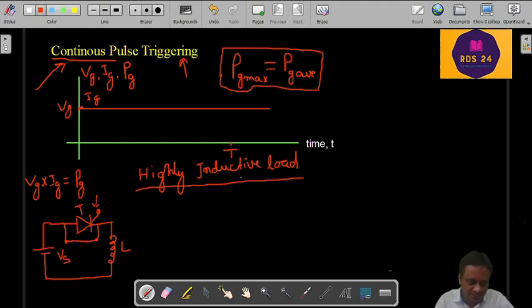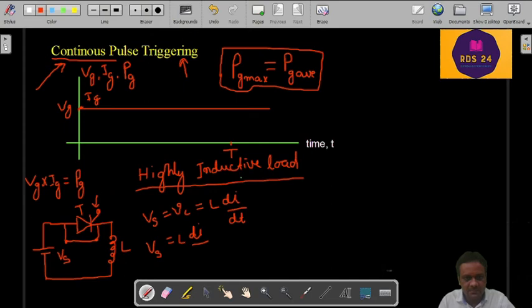Up till how long we are going to connect these gating pulses will be calculated like this. If we apply KVL, it will be Vs is equal to VL. What is VL? It is L di by dt. So Vs is equal to L di by dt.